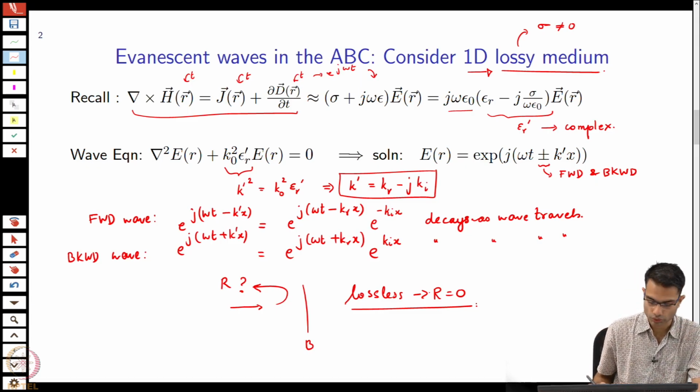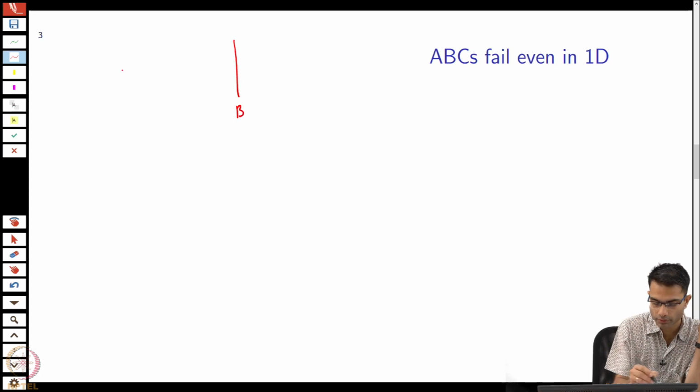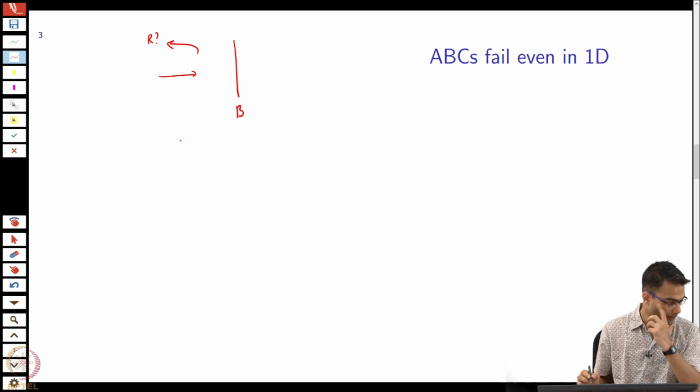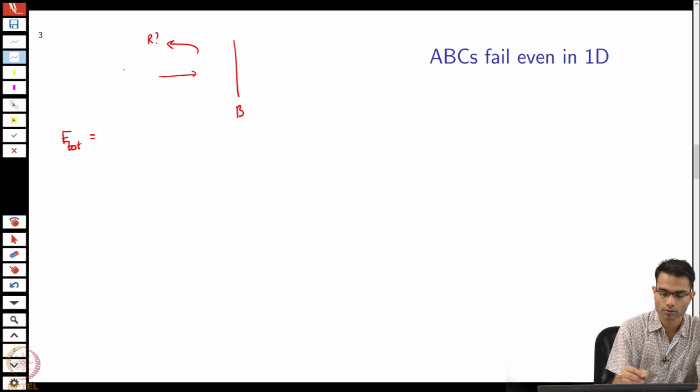Okay. So, what do I have as the total field over here? So, let us come over here. So, this is my background, and the total field is going to be incident plus reflected, right.